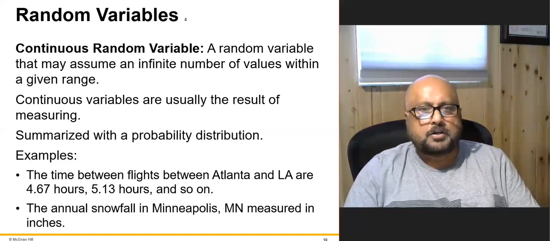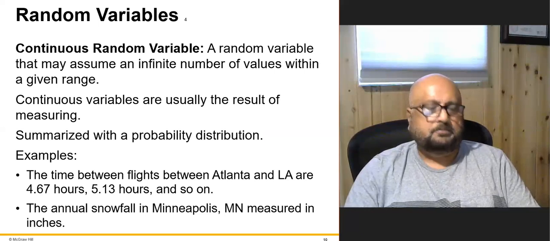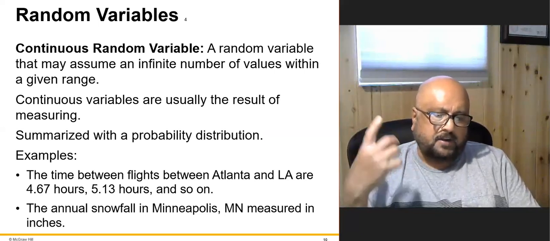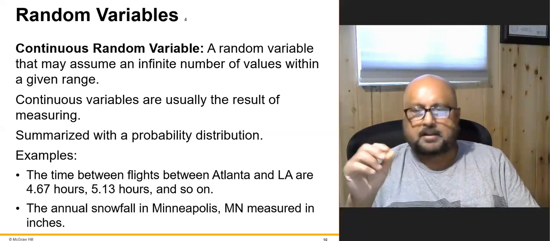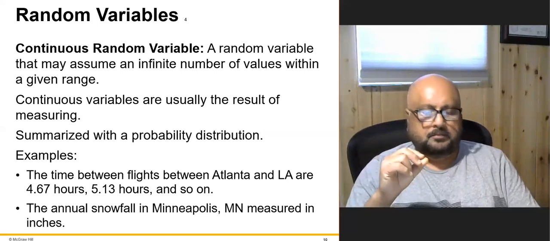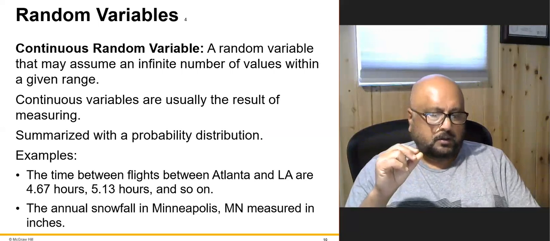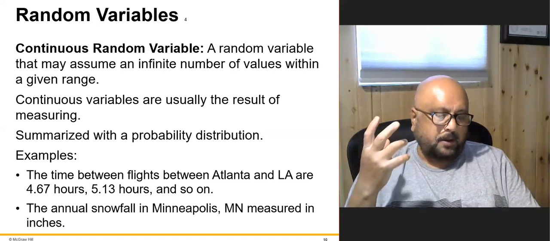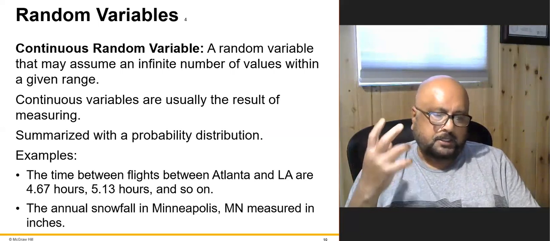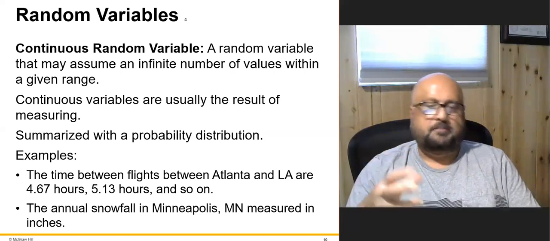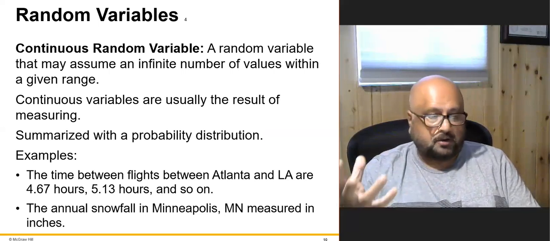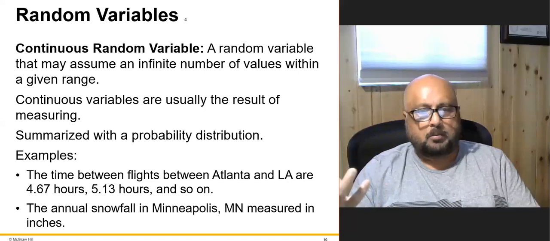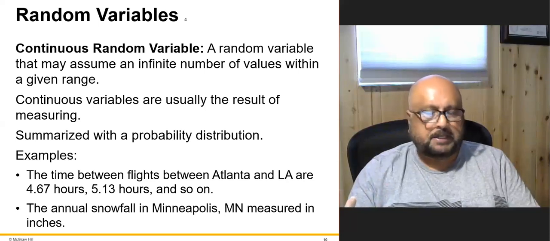Now let's look at continuous random variables. Continuous random variables can take an infinite number of values within a certain range. How do we measure them? These come from measurements, for example time measurements, or another example is snowfall, how many inches of snowfall in a given period.